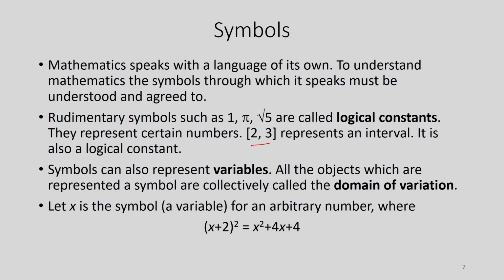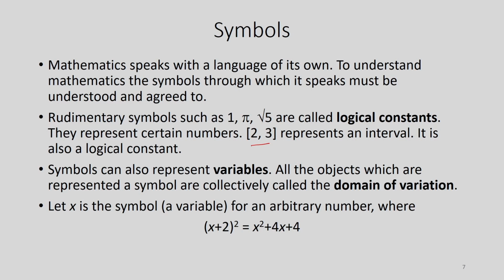Here is an example. Let x be the symbol of an arbitrary number, where (x+2)^2 = x^2 + 4x + 4. So, x is a symbol here, but it is not a logical constant, it is a variable.